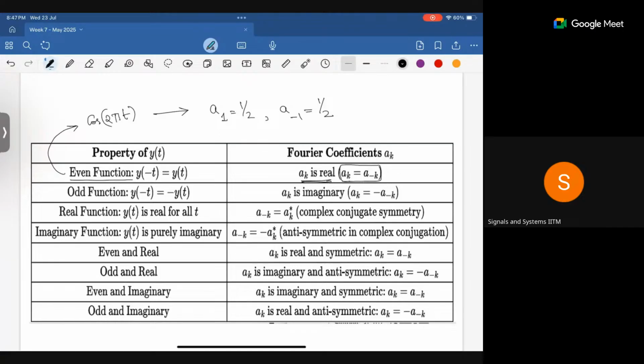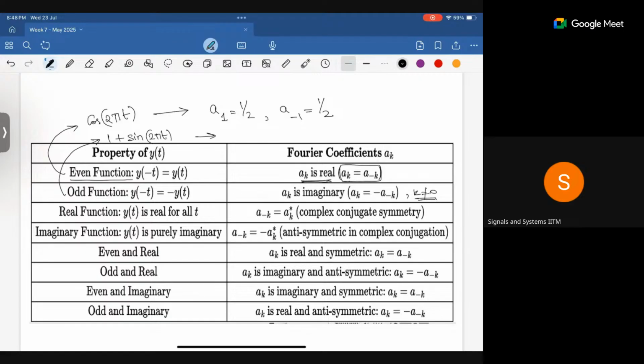And the second property is if my signal is odd, and this also we have seen an example, sine 2 pi t. It's an odd signal. If it is odd, our ak will be imaginary, and here you should exclude k being 0. So our ak will be imaginary, right?